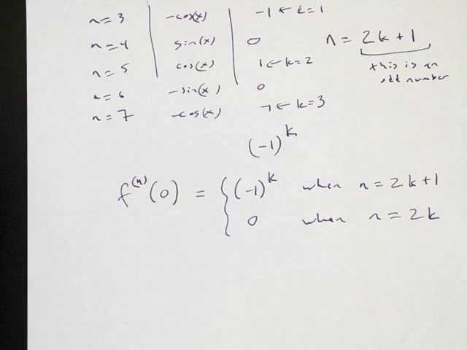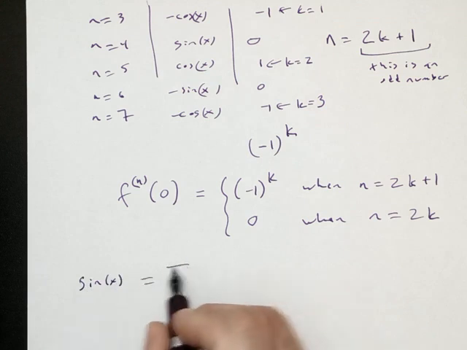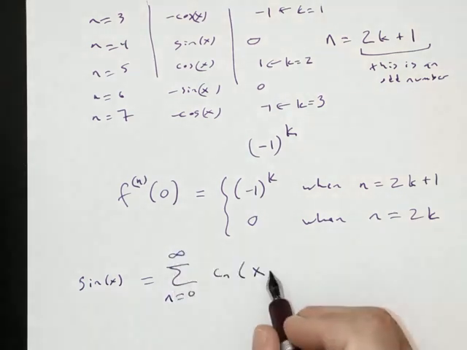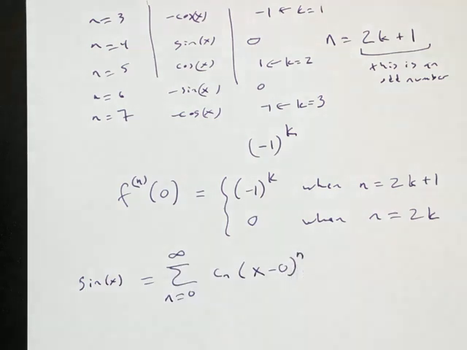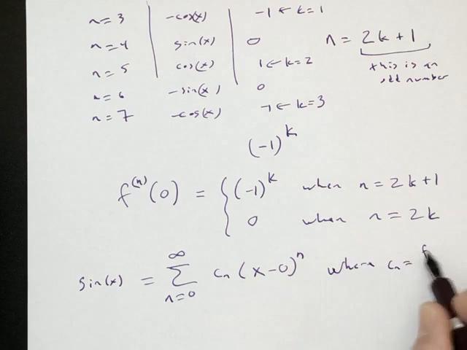And now I start thinking about Taylor's formula. Taylor's formula says that my function should be given by a power series, since it's a Maclaurin series, we're using a equals 0, where Cn is Fn of 0 over n factorial.